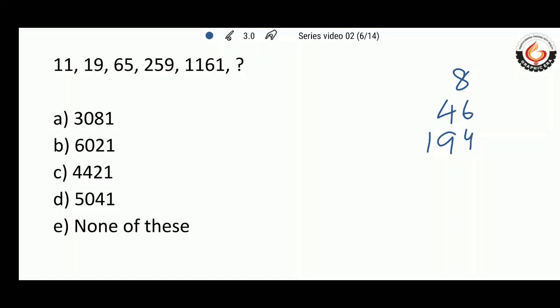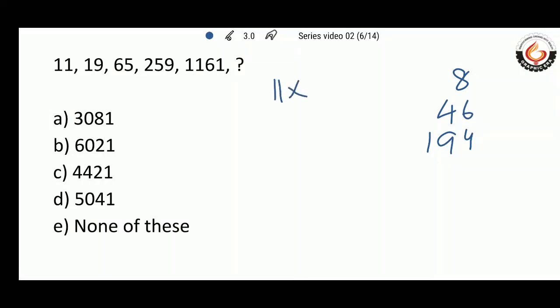When this difference keeps on increasing multifold, it means for sure there is some multiplication going on. So what I can see is the things are not getting multiplied by 2 over here. In the first case, it is either 11 into 1 plus 8.